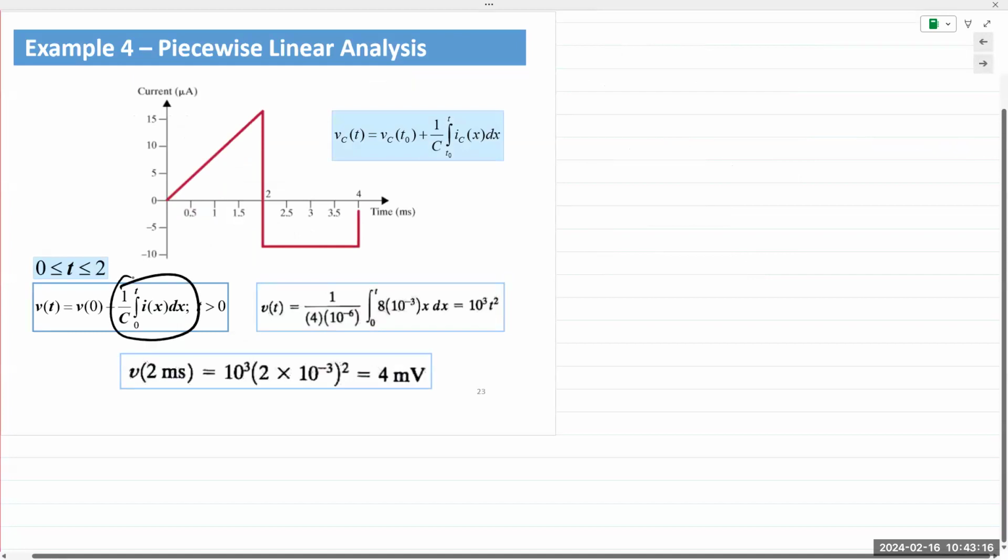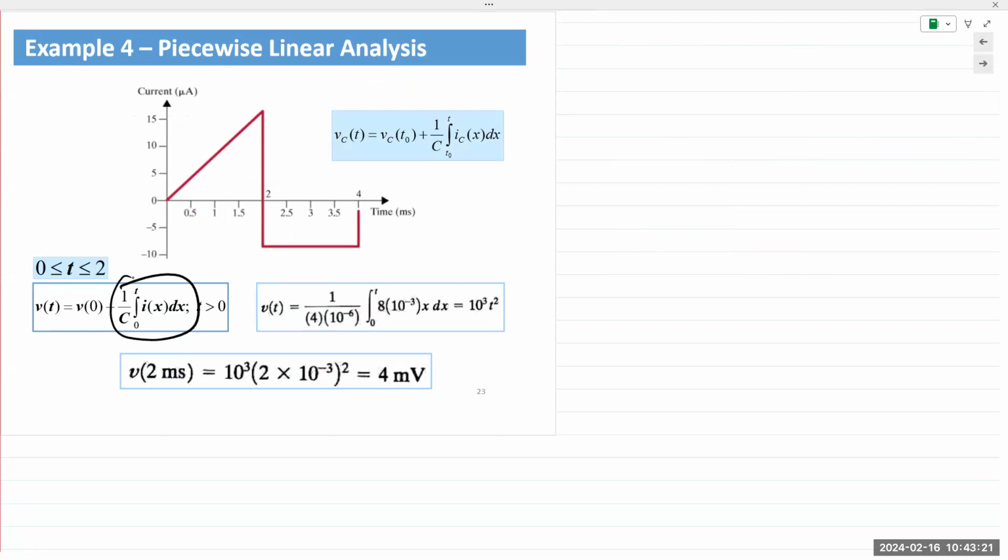Let's just focus here for now. What we want to do is find the value of the voltage given that the input is current. The input current is given as a function of time, right? 8 milliamps, 8 times 10 raised to minus 3 t.